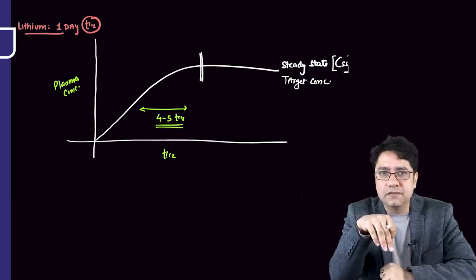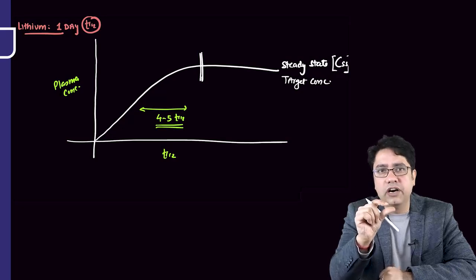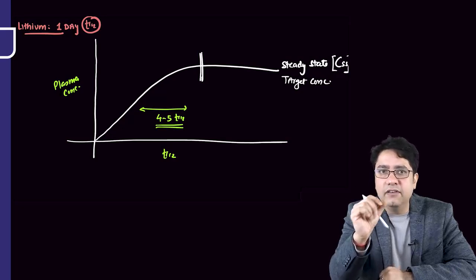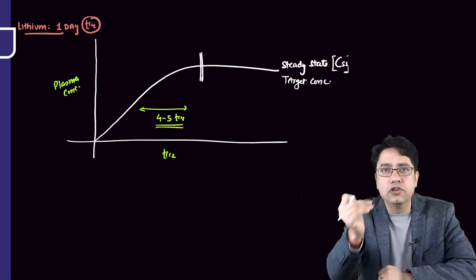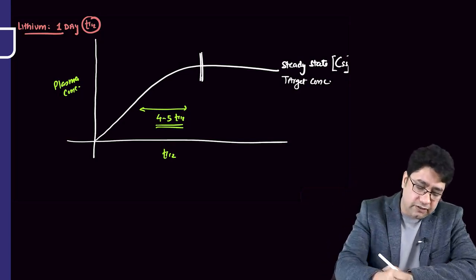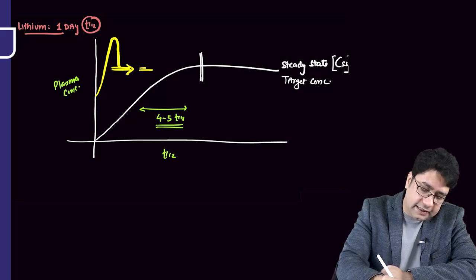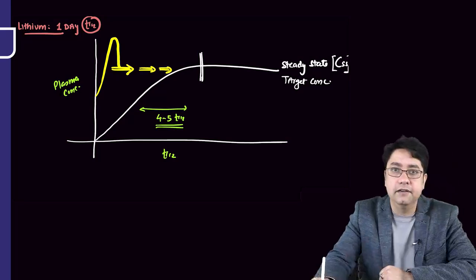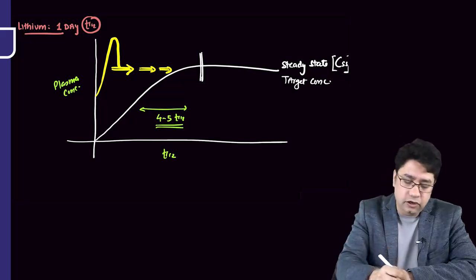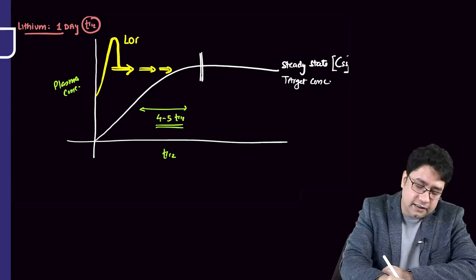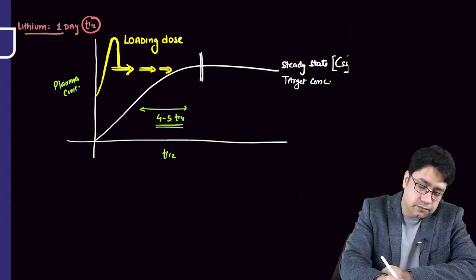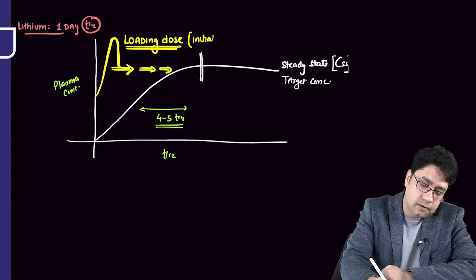So sometimes in the initial 4 to 5 days, I will give a little bit higher dose of lithium. If I give a little bit higher dose of lithium to achieve this steady state concentration rapidly, this initial higher dose of lithium or any other drug is known as loading dose, also known as initial dose.